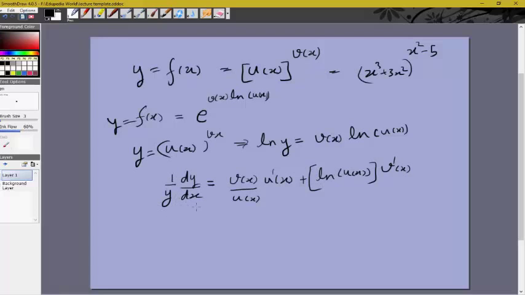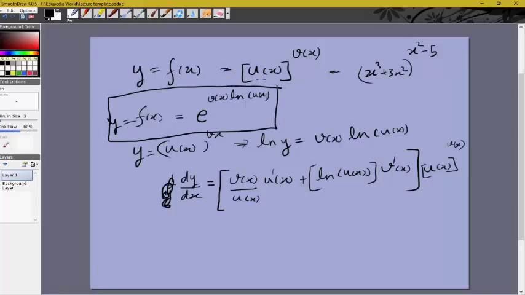And dy by dx would be y times this, where y you can substitute from this value. So dy by dx will be this multiplied by u of x to the power v of x, right? Anyway, you don't need to remember these complicated formulas. All you need to know is u of x to the power v of x can be written in this way. And after this it is just a matter of following the already known rules of calculus.